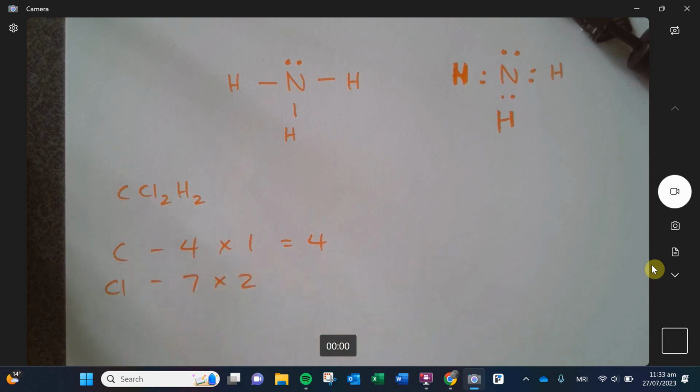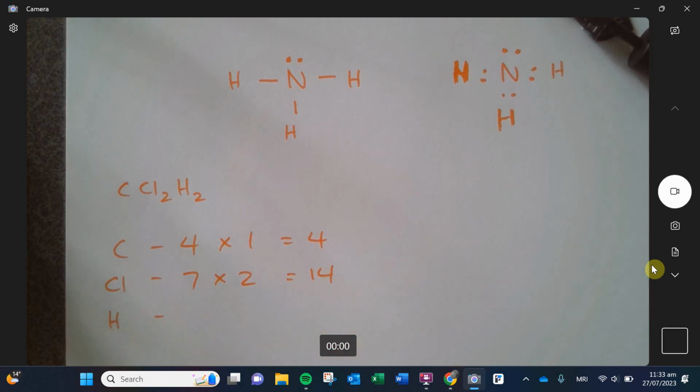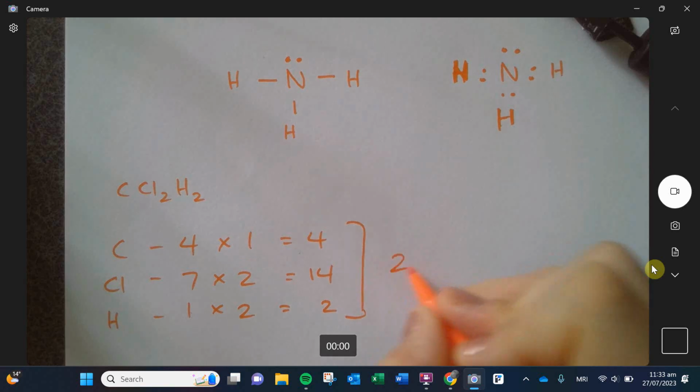We have 2 chlorine atoms, so that gives me 14. And then hydrogen's the last guy that we have. Hydrogen is group 1, and we have 2 of those, so that means we have 2. Again, do the math to figure out how many we have. So that is 4 plus 14 plus 2, which is 20 electrons.